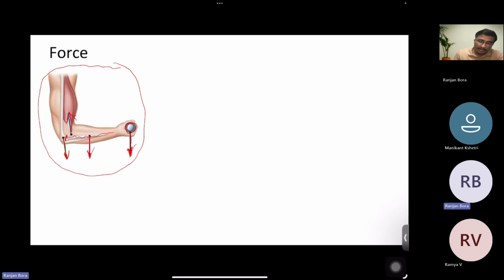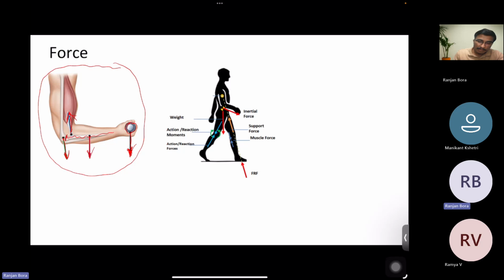Similarly, there are various examples. You can see these are the four scenarios when a person is walking on the ground. While we walk, there is the reaction force which the ground acts on our foot. Then similar to the biceps muscle, there are muscles in our foot which help us in walking and in different activities.